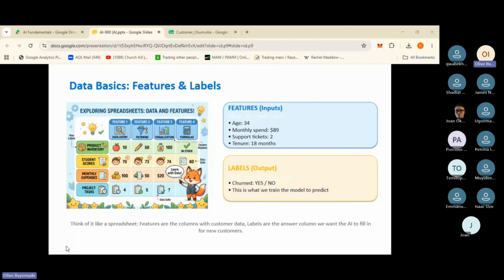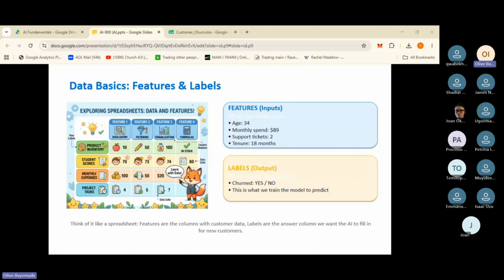So, features and labels. Remember, we spoke a lot about labels earlier on. When we are doing supervised learning, we will take note of what the features are of this data. If it's a customer, for instance, let's use our customers because we're working on customer churn: how old is each of these customers?